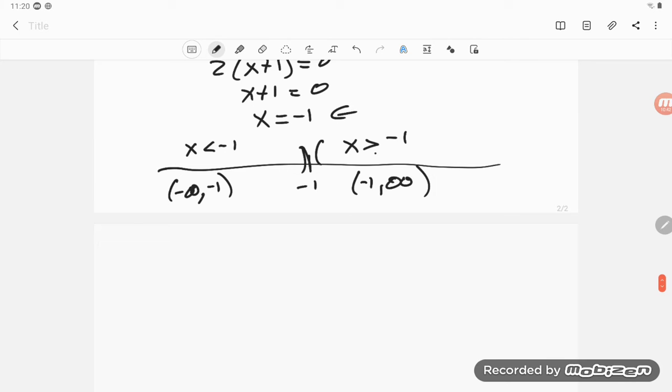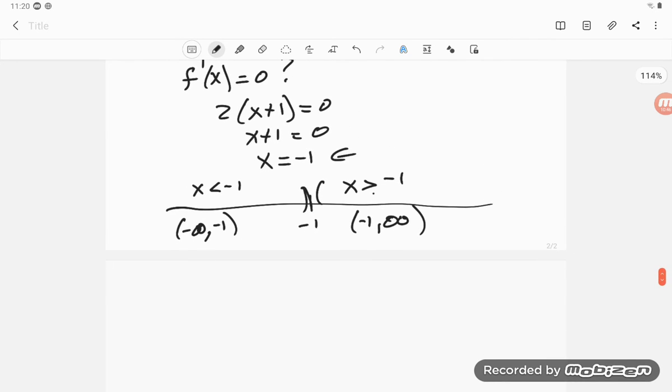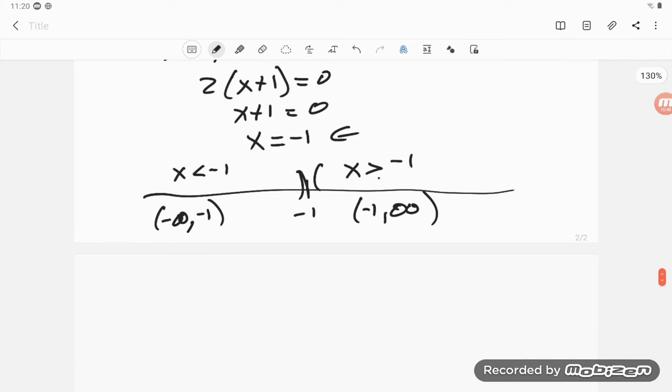And so we have various ways to decide what the sign of f prime of x is. One, I could set it up as an inequality, right? I could just solve 2 times x plus 1 is less than 0.